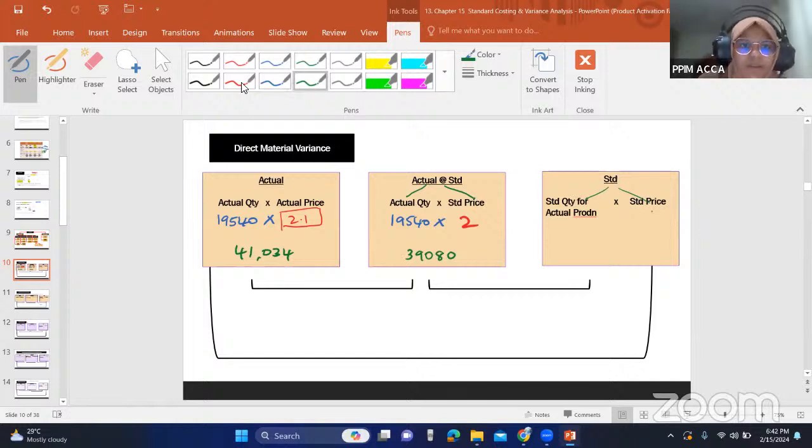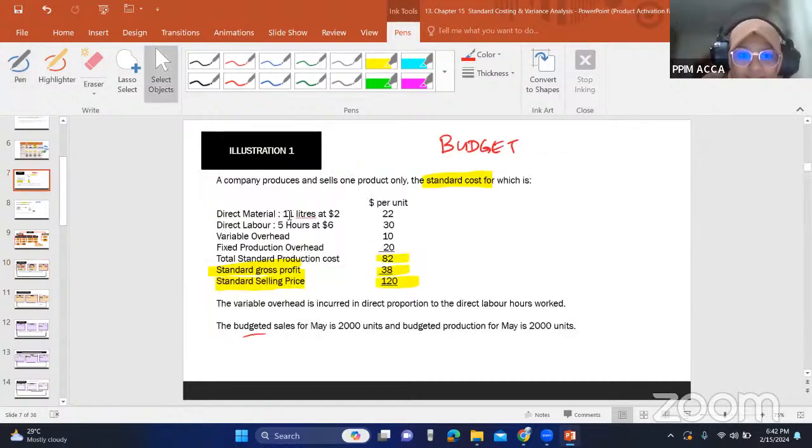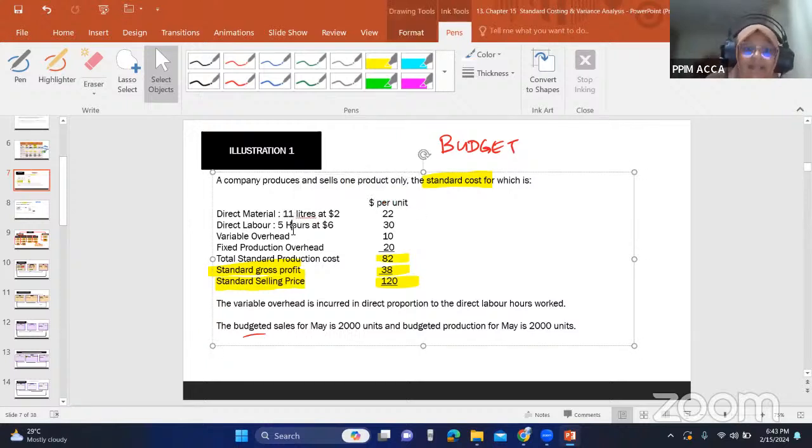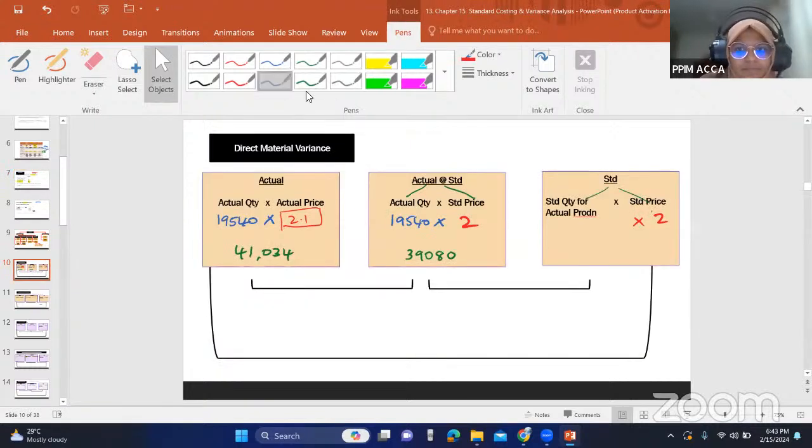Okay. Last one. Standard price is already known. So let's just put the 2 here. We should multiply this by the standard quantity for actual production. So first let's go to the standard and see what's the standard quantity. Per unit, I'm supposed to spend 11 liters. So that is the standard quantity. Okay, so let me go and put that. 11.